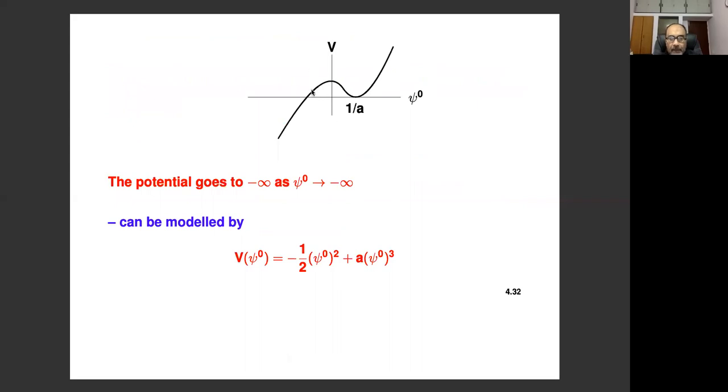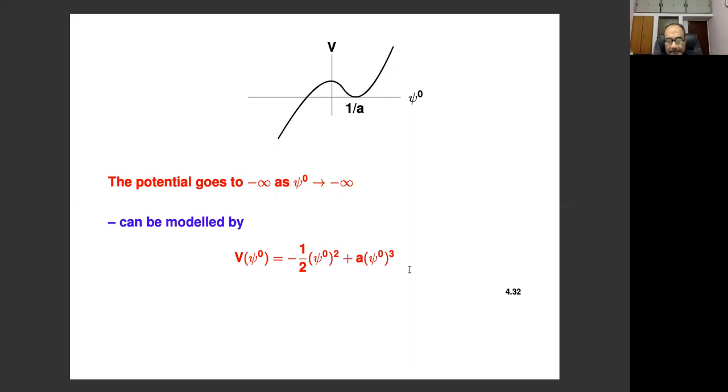Okay, so here is the potential again. The one point about the potential that's going to be important is that it goes to minus infinity as psi 0 goes to minus infinity. So we'll model the potential by a cubic potential like this, although it's certainly not necessary. It's just useful to model it this way. The minus half psi 0 squared implies that psi 0 is a tachyonic mode when you expand around the vacuum.